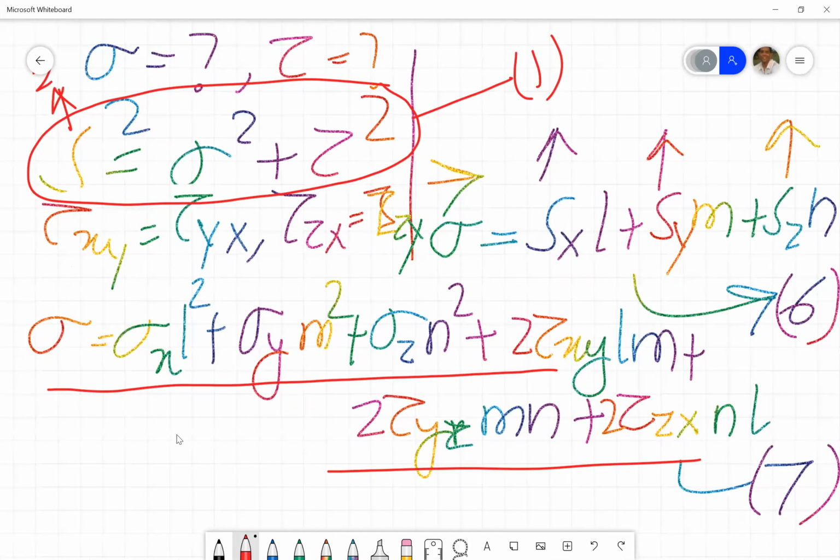In equation 7 also we find the values of this.